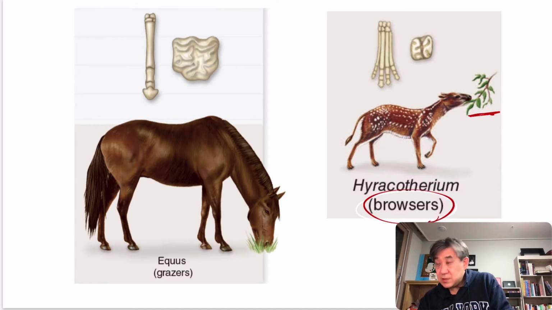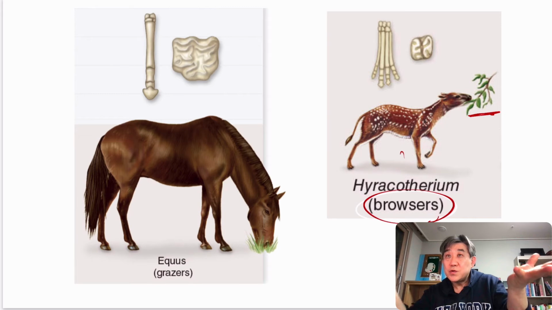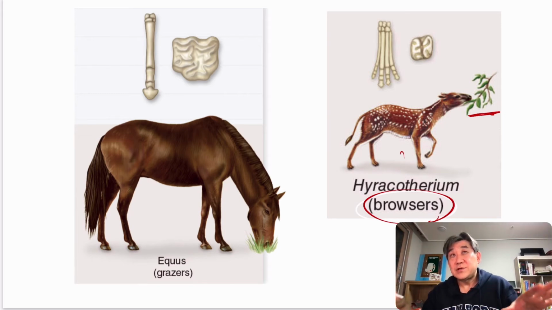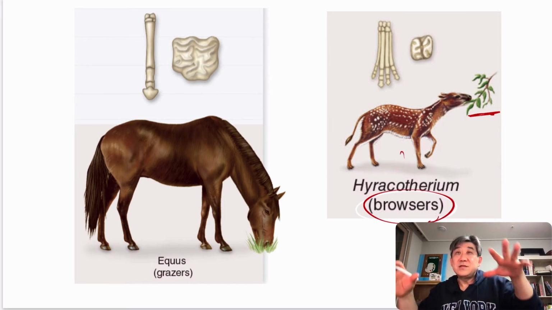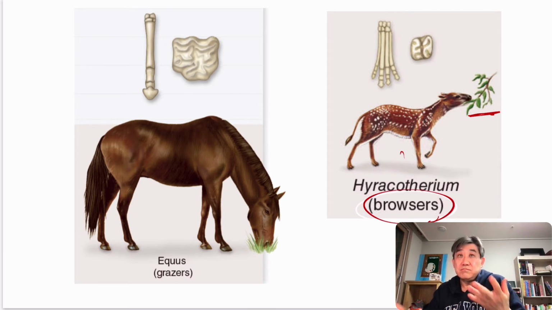In those days, this type of body shape and morphological and anatomical feature might have been the best for them. But then let's imagine that somehow climate change entirely eliminated the forest, so these animals were all exposed to open field. Actually, there is some evidence that a big area of forest disappeared due to drastic climate change.